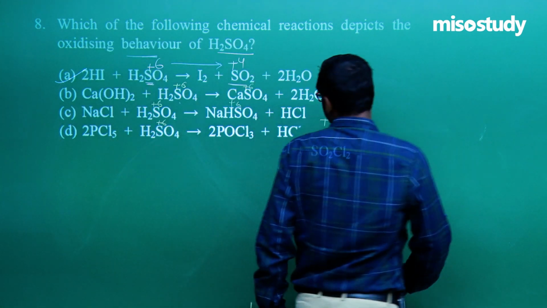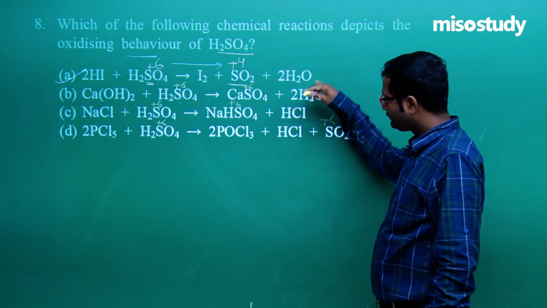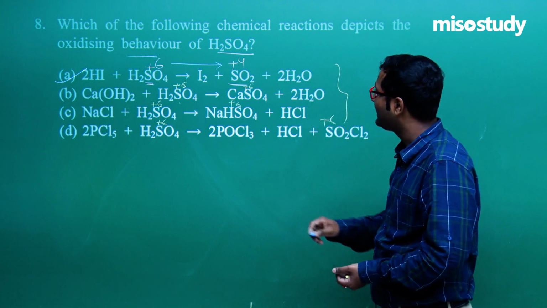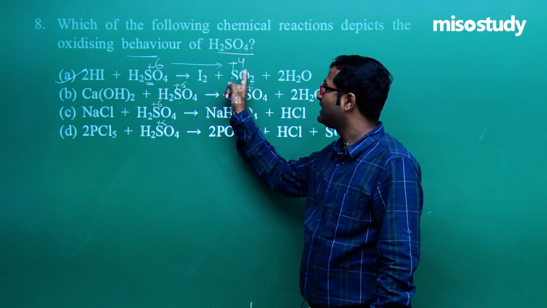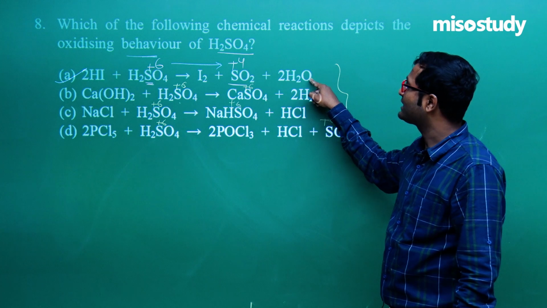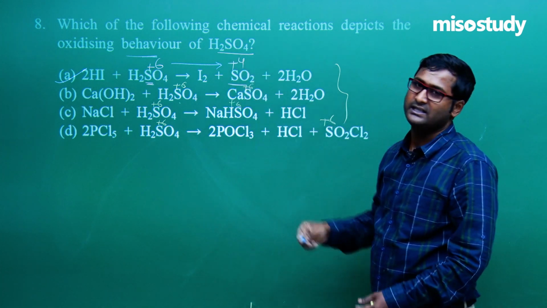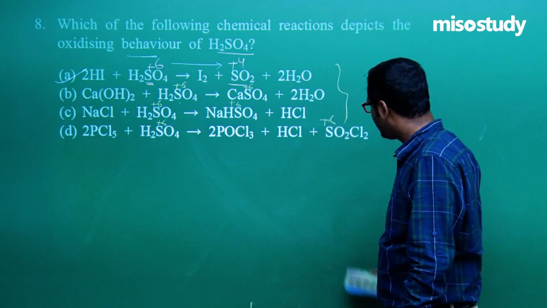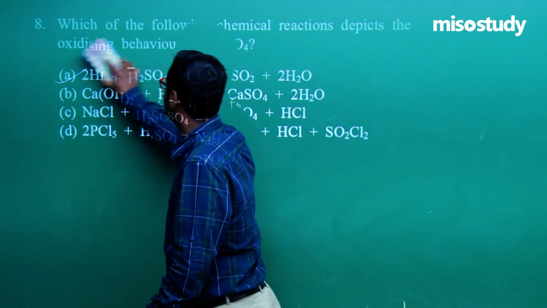No change. In the next ones also, sulfur is in +6 oxidation state on both sides. Now after discussing all the options, we found that in the first case there is a change in oxidation state, +6 to +4. So this reaction will show the oxidizing behavior of H2SO4. Clear, friend? Now I am going to rub this part and we'll discuss the next one.